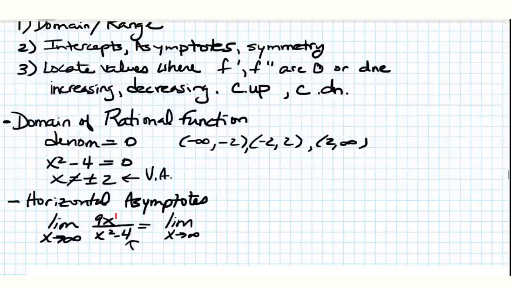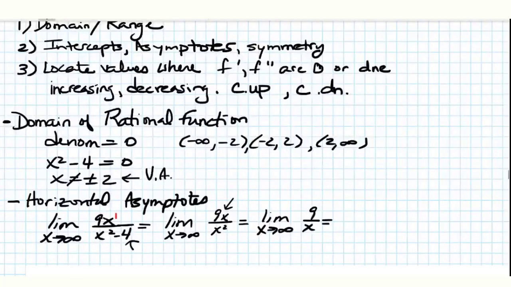So this limit is actually going to be the same as the limit of just the ratio of the two highest degree terms, the limit as x goes to infinity of 9x over x squared. So as x gets very large, 9 stays the same, and this gets very close to 0. We have a horizontal asymptote, y equals 0.